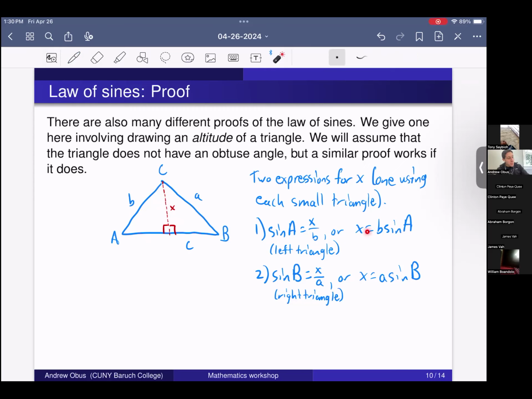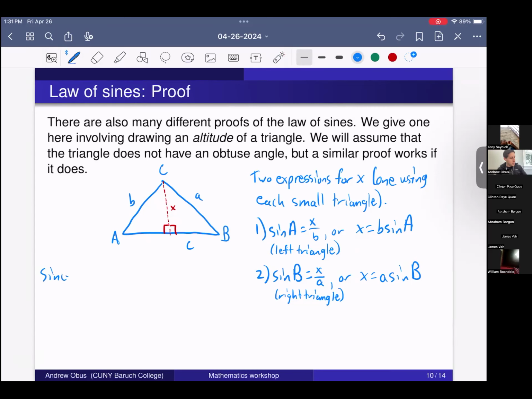Both of these are equal to X, which means they have to be equal to each other. Since both B sine A and A sine B equal X, we have that B sine A is equal to A sine B.